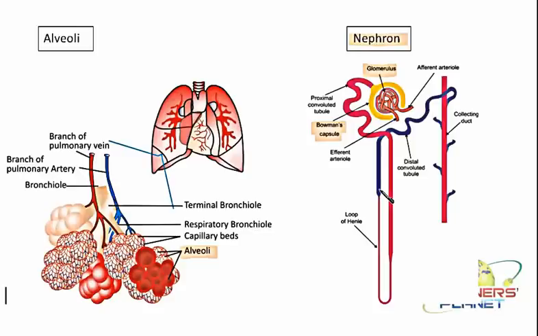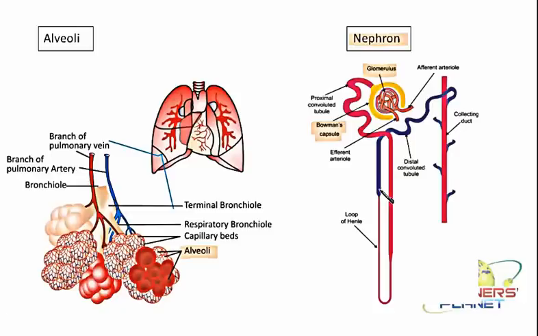So further, besides this increased surface area, another feature required for better exchange of material, better diffusion or absorption of different material, is that they should be richly supplied with blood capillaries, or blood vessels. See, absorption is one part. Further, this absorbed material should be transported well in the entire body, isn't it?